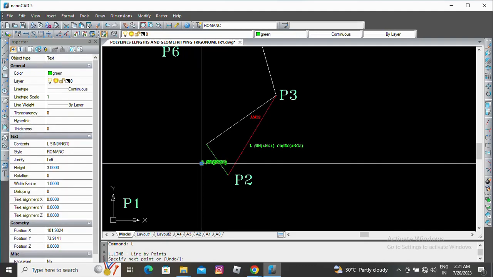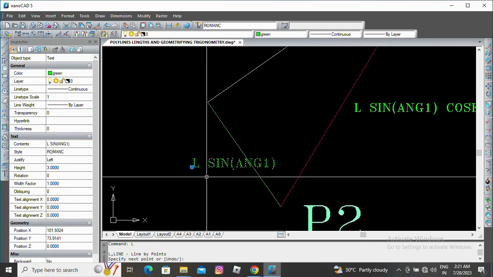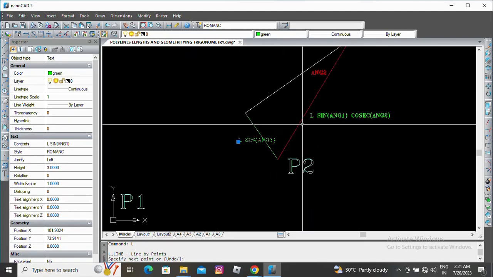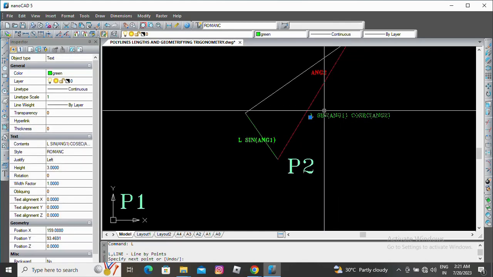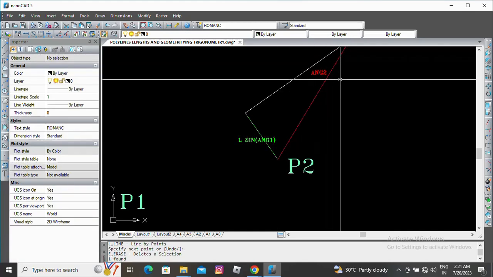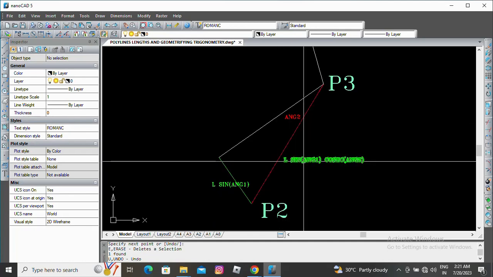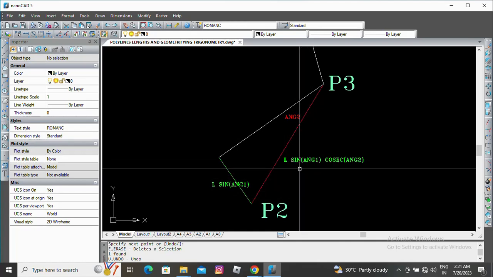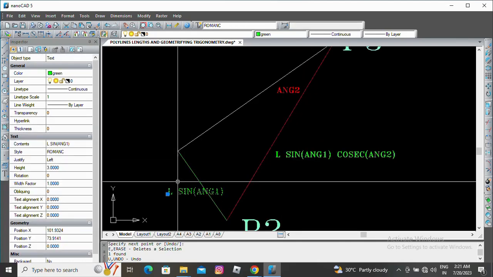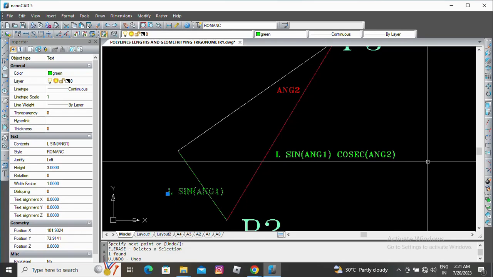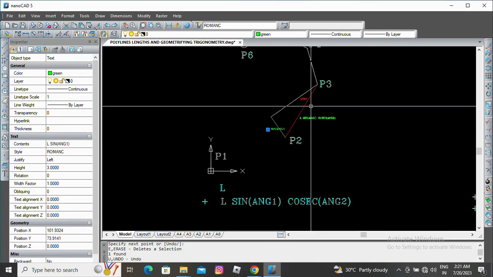Now this line segment is known, whose length is L sine angle 1, and this line segment was not known. Its length, constructed from the trigonometry height and distance calculations, is now L into sine angle 1 into cosec angle 2. So this red line segment is formed.